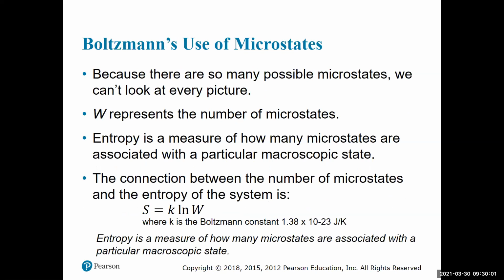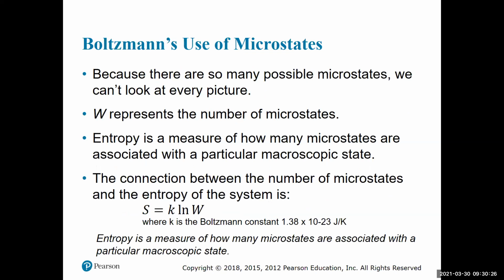Okay, so Boltzmann used these microstates, okay? And there are a lot of microstates, and you'll see why that is in a few moments. And so he came up with a term W to represent the number of microstates.